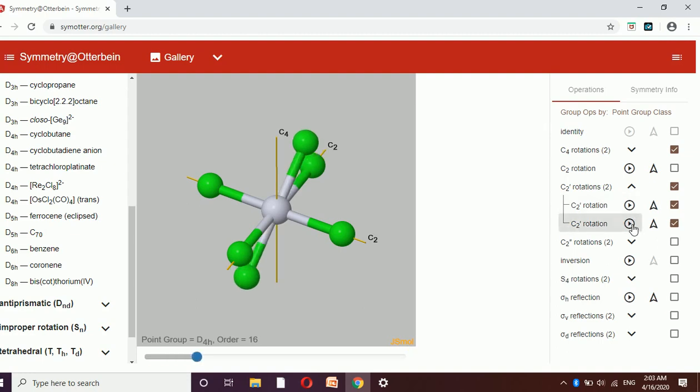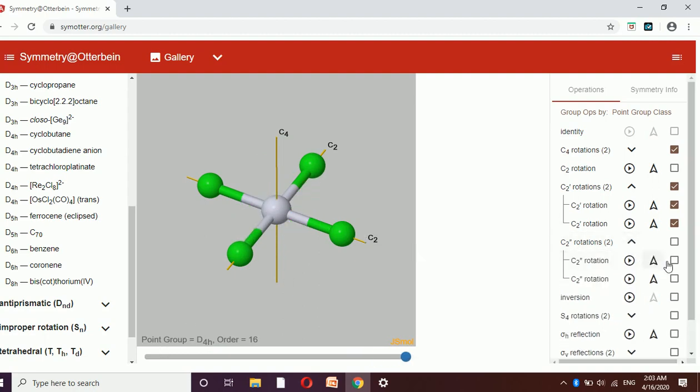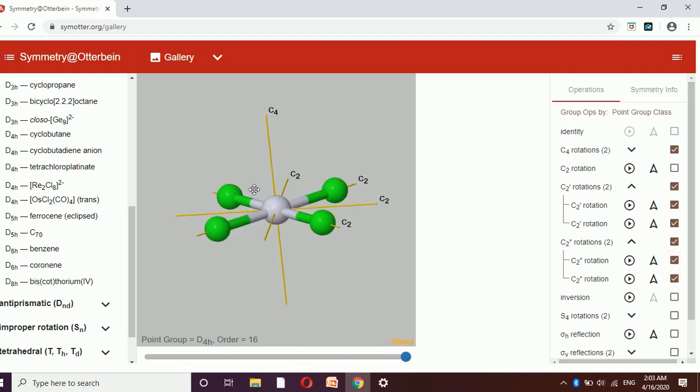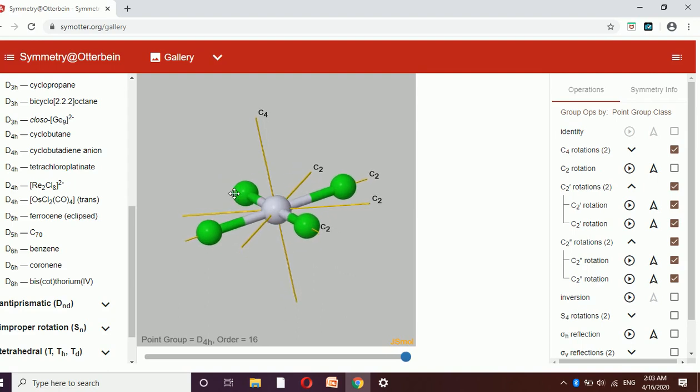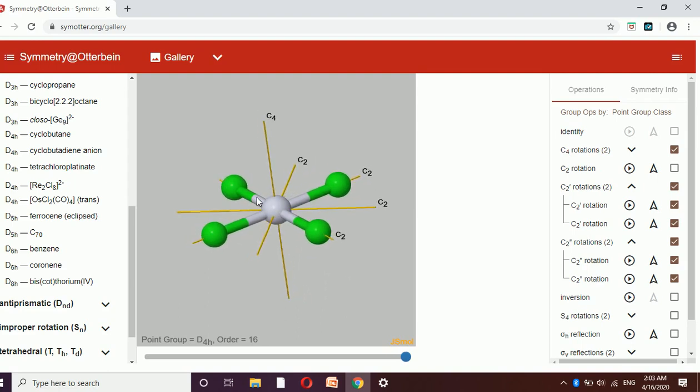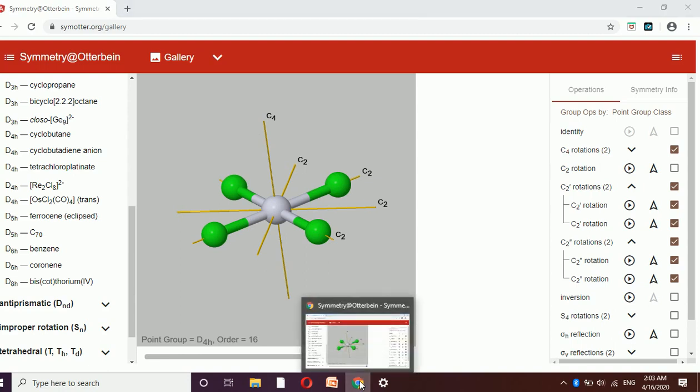Another C2 like this through this axis. So you have two C2 axes. You also have another two C2 axes which are passing through platinum like this. So you have two sets of C2 and a C4 here and a C2 also here and a C4 inverse also in the tetrachloroplatinate molecule.